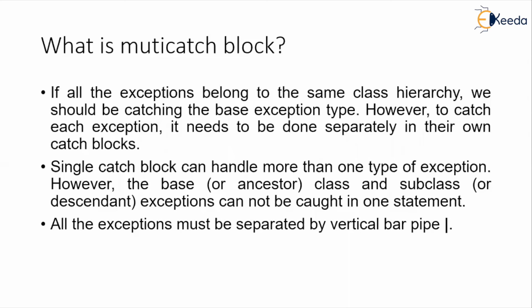This increases the complexity and reduces the readability of that particular code. So you have 2-3 lines of code in the try block and you have 4 to 5 exceptions to be handled, each one written in its respective catch block.